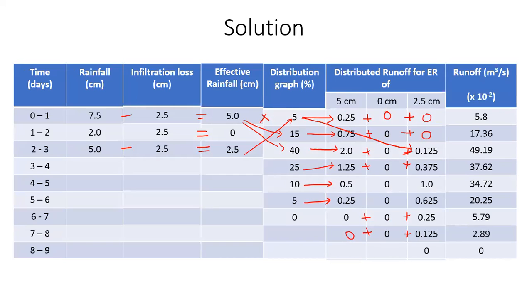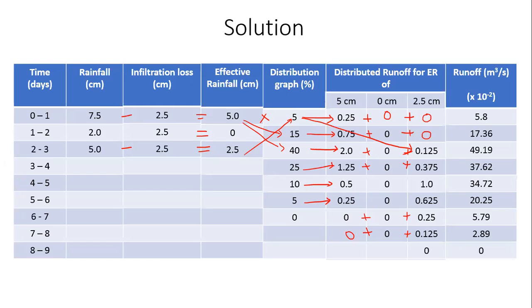So 1 day I've converted into seconds, and therefore I've got the average flow rates, the average runoff rates for every day over the duration of the total runoff generated. So it extends from day 1 to day 8. On day 9, runoff becomes 0. All right. Any questions?